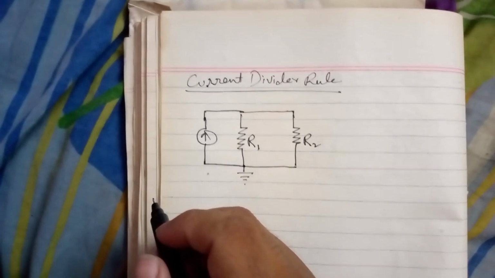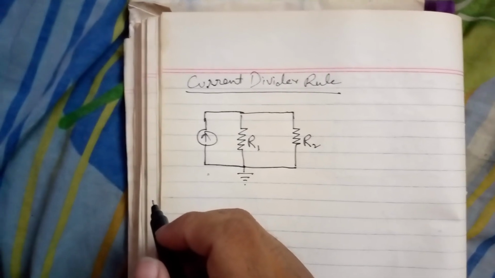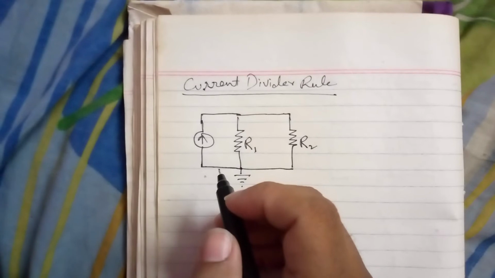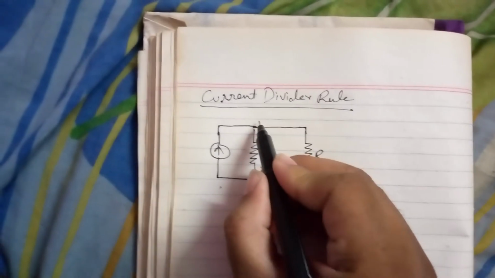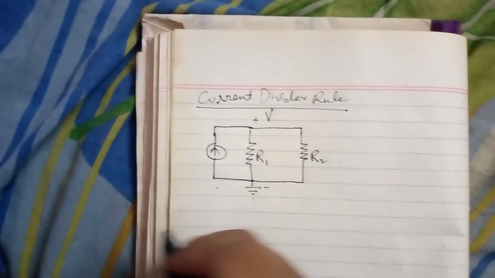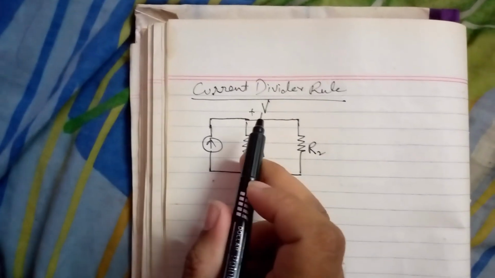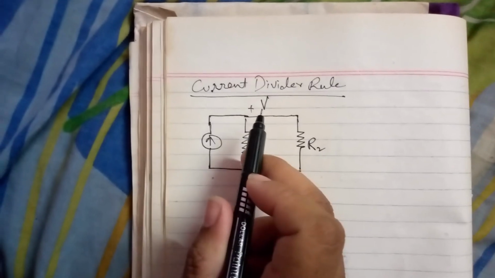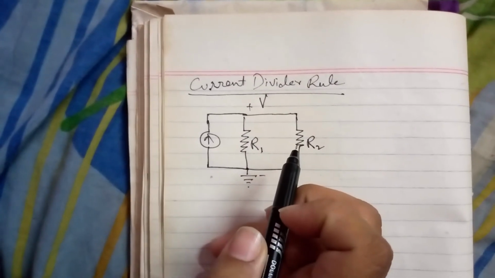You all know that in parallel combination voltage is always same across all the elements. So here the voltage is plus minus V. This voltage is same across R1. This voltage is same across R2.